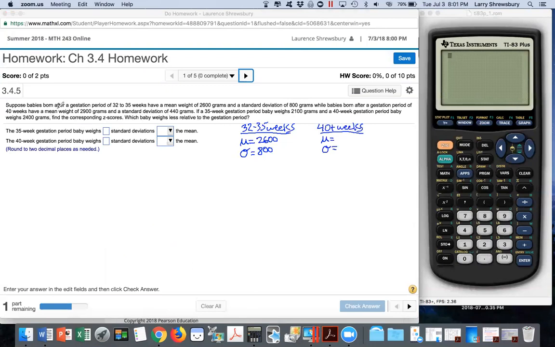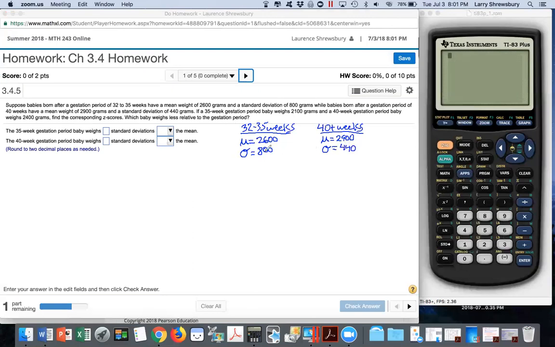So their mean is 2,900, so you can see a different center, and a standard deviation of 440, so a different spread.